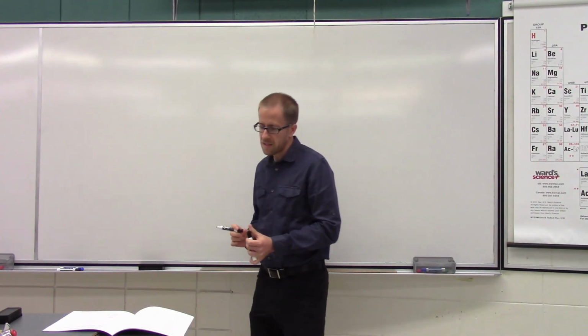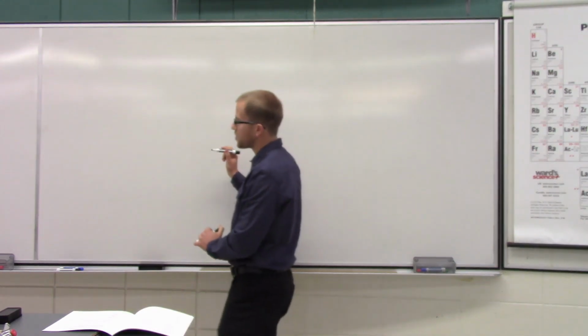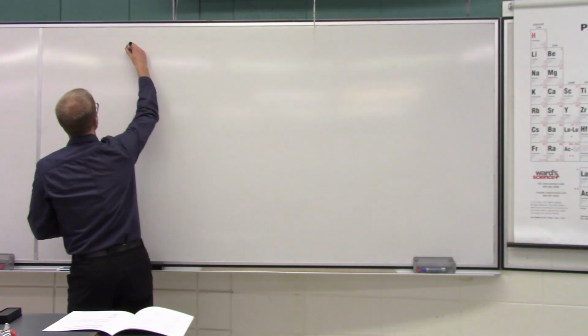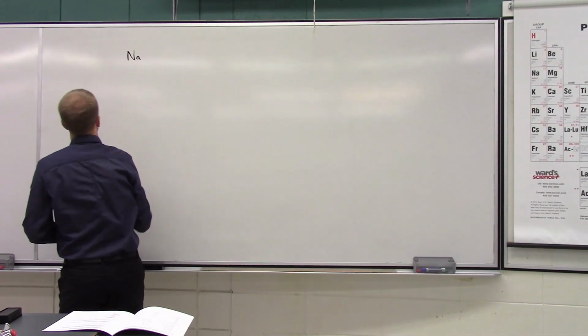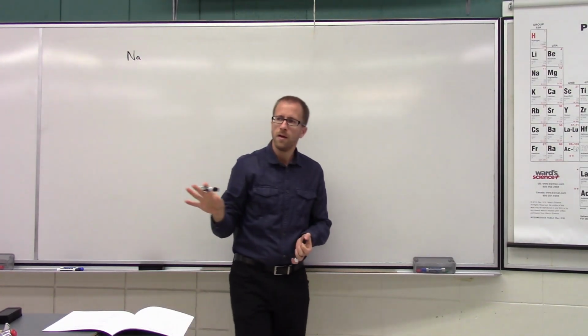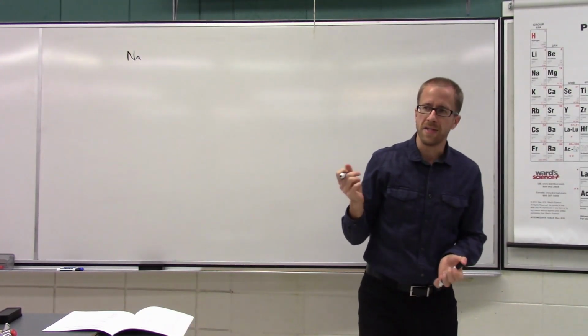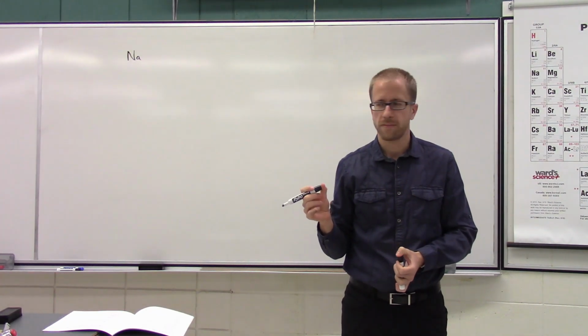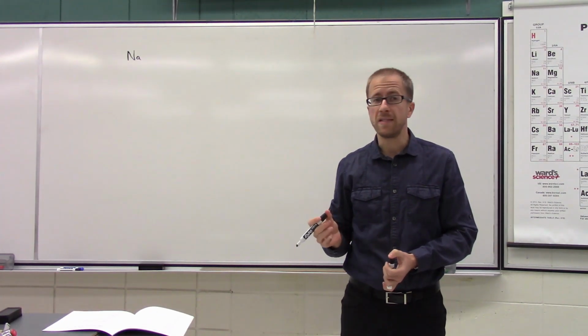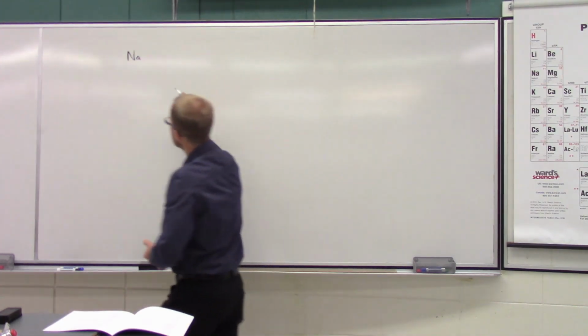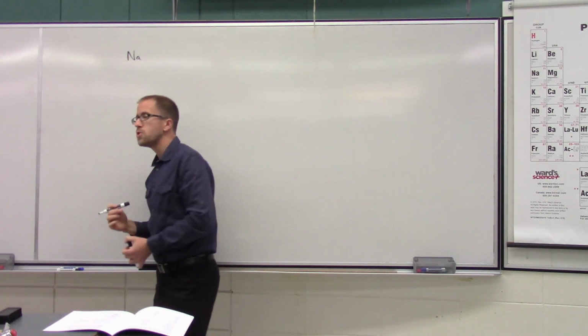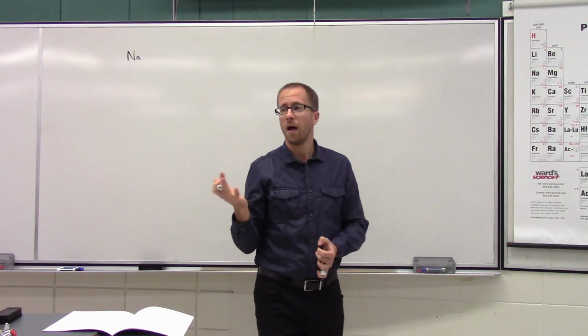First off, it says the symbol of an element represents one atom of that element. So if we have Na, just Na, what did I say about ones in chemistry? We don't write ones in chemistry. So if there is no subscript, you assume that you have one of that atom.